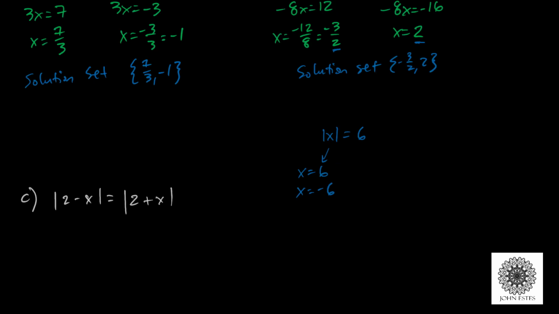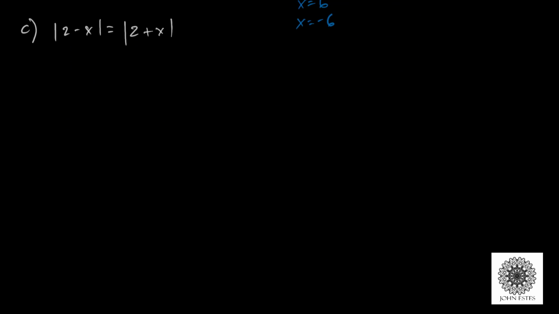Okay, now in part C, this one's a little bit more involved, right? We have two absolute values going on. But it's not really that big of a deal. What it's saying is that this one's distance from 0 is the same as this one's distance from 0. So this actually generates four situations.